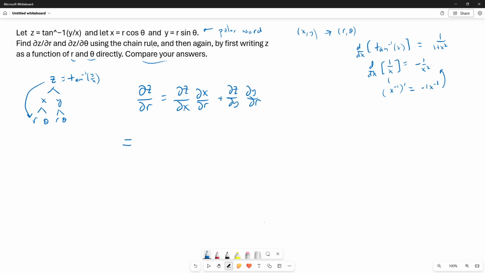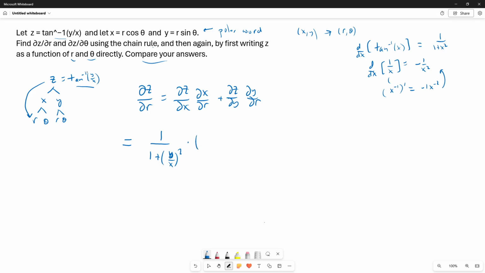The partial derivative of z with respect to x. So z is the inverse tangent of y over x. The derivative of this with respect to x, we have to use the chain rule because we have an outside function here with the inverse tangent. And the derivative of that is 1 over 1 plus the inside, y over x, squared, and then times the derivative of the inside.